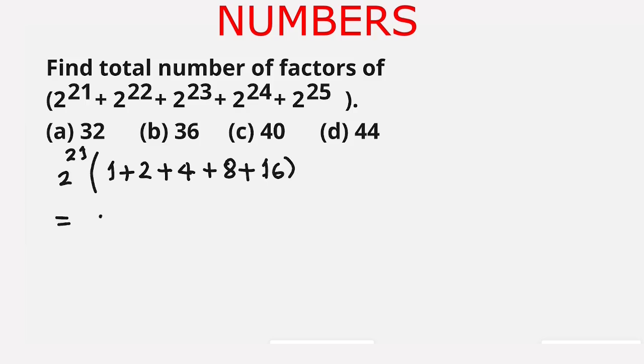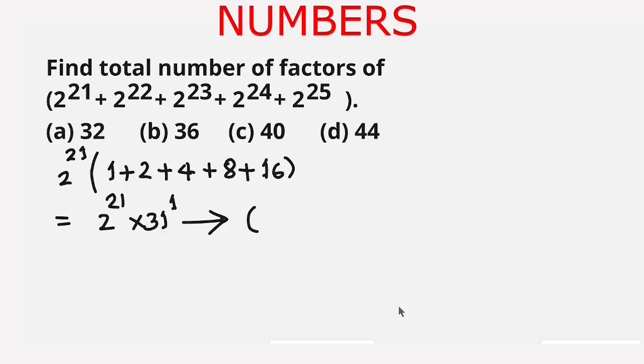And this is equal to 2 to the power 21 multiplied by (1 plus 2 is 3, 3 plus 4 is 7, 7 plus 8 is 15, 15 plus 16 is 31). So we can write it as 31 to the power 1. Now the number of factors is power plus 1.